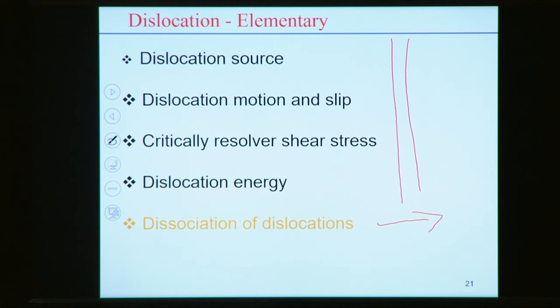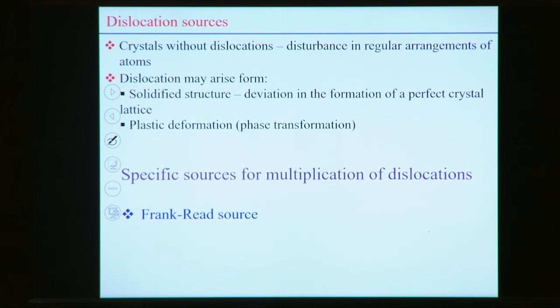So first we will focus on the dislocation source. Crystals without dislocations are difficult to form. A disturbance in the regular arrangement of the atoms is simply the representation of a dislocation, so some amount of dislocation exists in any kind of structure. Dislocations can be formed from a solidified structure.